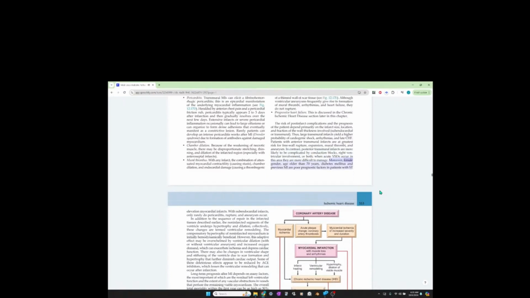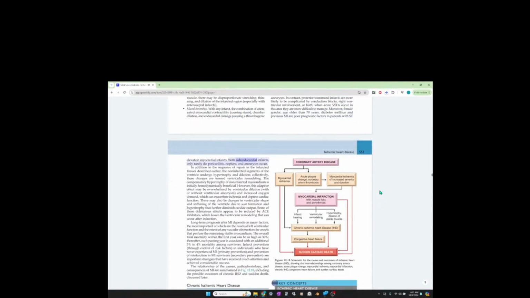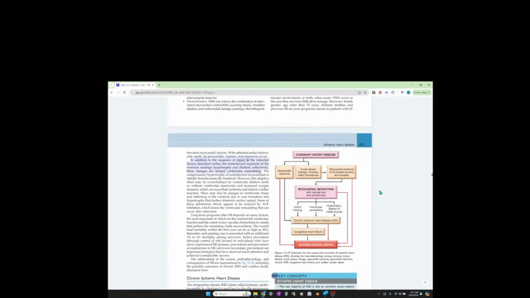Moreover, female gender, age older than 70 years, diabetes mellitus, and previous MI are poor prognostic factors in patients with ST elevation myocardial infarcts. With subendocardial infarcts, only rarely do pericarditis, rupture, and aneurysm occur. In addition to the sequence of repair in the infarcted tissues described earlier, the non-infarcted segments of the ventricle undergo hypertrophy and dilation.